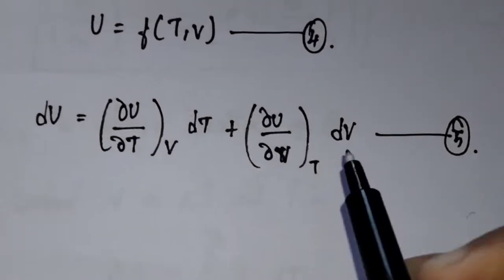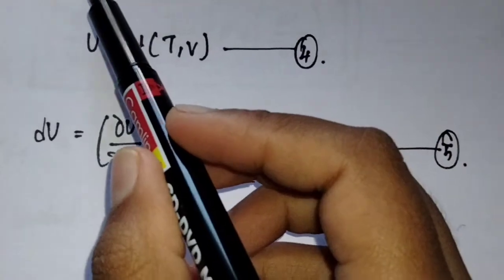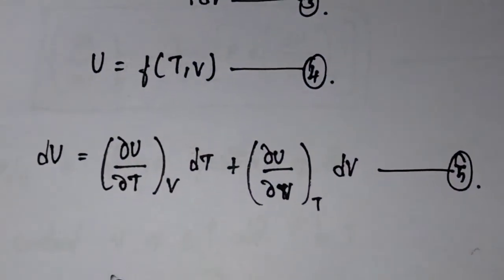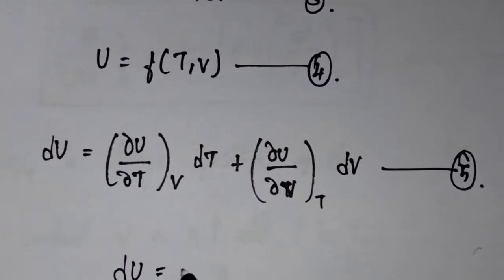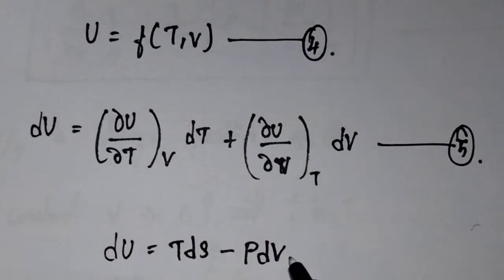Now we know dU is equal to T dS minus P dV. Writing it here again, dU is equal to T dS minus P dV.